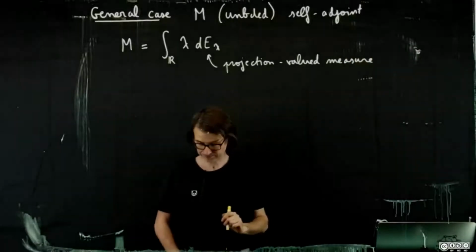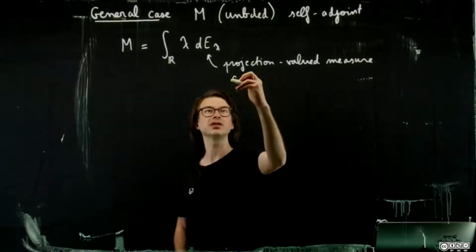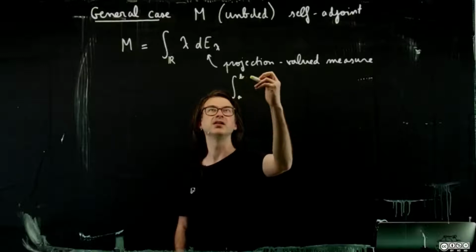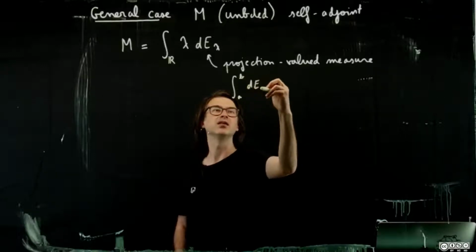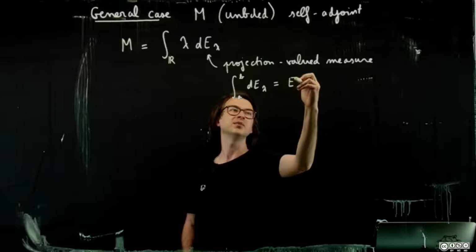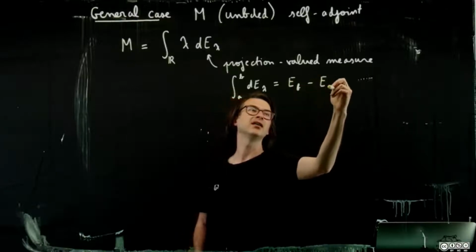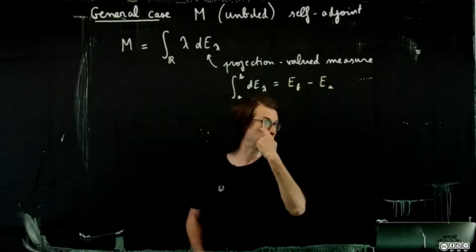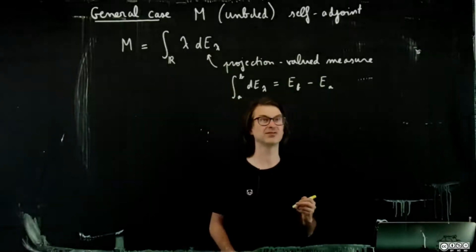In other words, the integral between A and B of dE lambda is EB minus EA, where these things are projections.